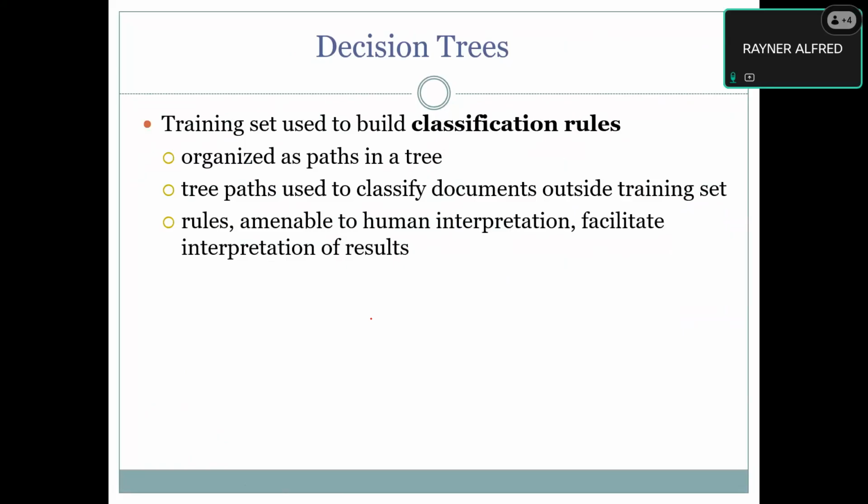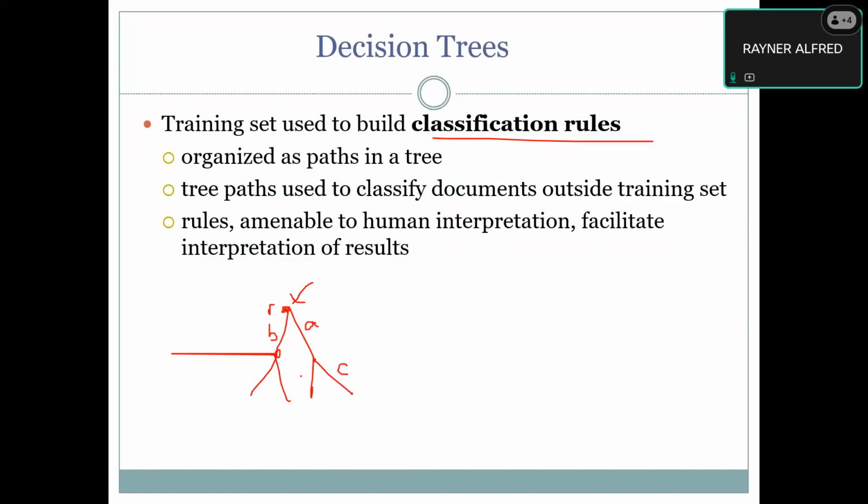Okay, for the decision tree, the training set is used to build the classification rules. For example, a decision tree has the form of a tree. When you are at the root of the tree, you check the keywords: this is keyword A, this is B. If the document has keyword A, then you go here.